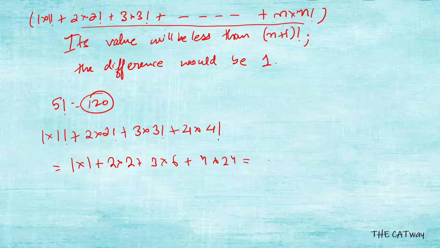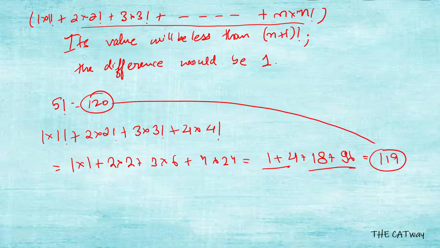Okay, what will it be? 1 plus 4 plus 18 and plus 96. Okay, then what we have? 18 and 96, 114, plus 5 is 119. You can see the difference between them is 1. Okay, so this is the case that whenever it is written 1 into 1 factorial plus 2 into 2 factorial up till n into n factorial, its value will be 1 less than the value of n plus 1 factorial. Okay, this will always be the case.